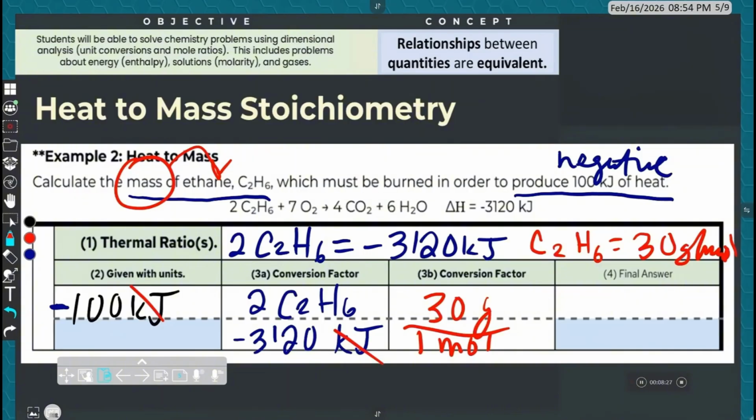So that means the answer to this problem is negative 100 times 2 times 30 divided by 3,120. And as a final answer, you should get 1.92 grams of C2H6.